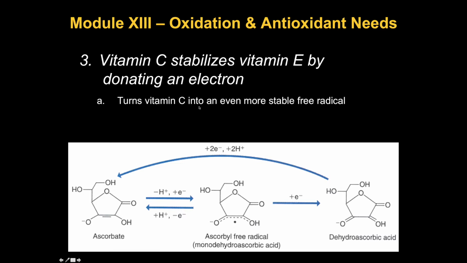So then vitamin E is going to be fixed essentially by vitamin C. Vitamin C now is going to donate its electron and stabilize vitamin E and fix vitamin E. And in that process we've made vitamin C a little unstable and it's a free radical, but it's much easier to contend with this damaged vitamin C than vitamin E or the original polyunsaturated fatty acid that was damaged.